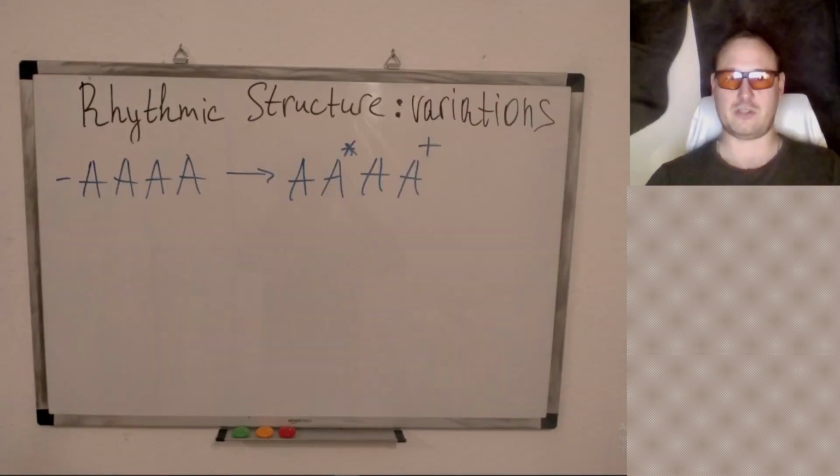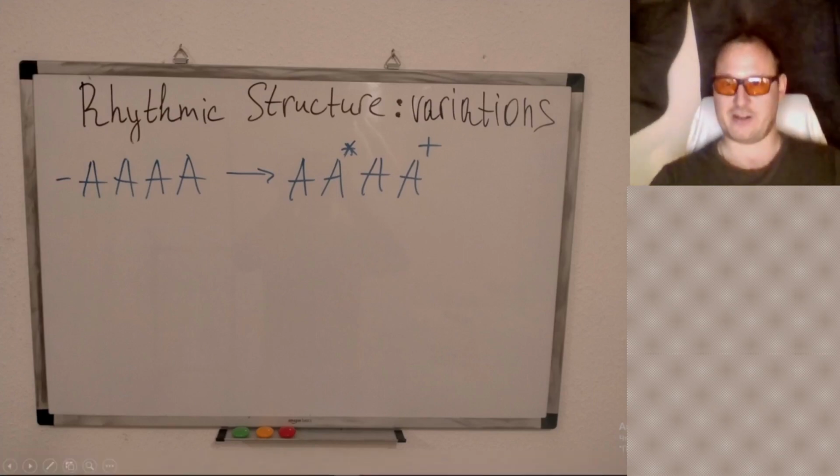Now, let's consider some variations here. As you can imagine, exact repetition of a certain rhythmic pattern can be kind of boring. And exactly for this purpose, we introduce variations.